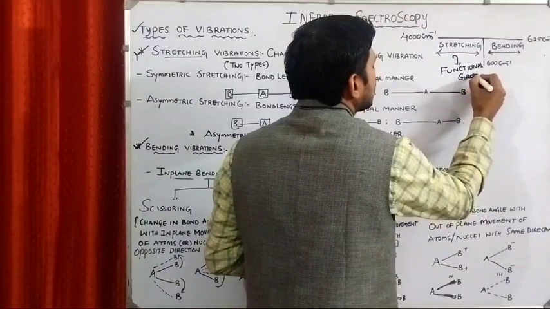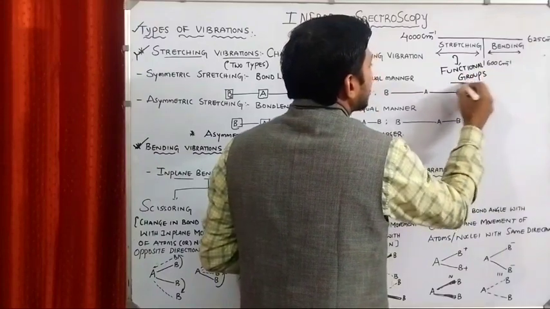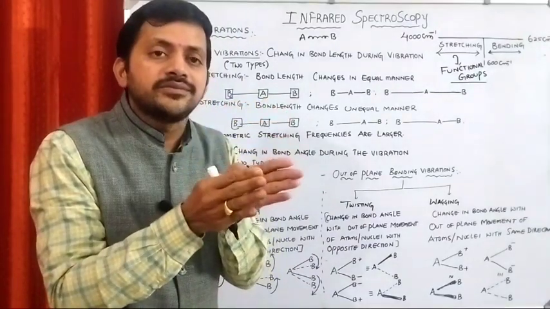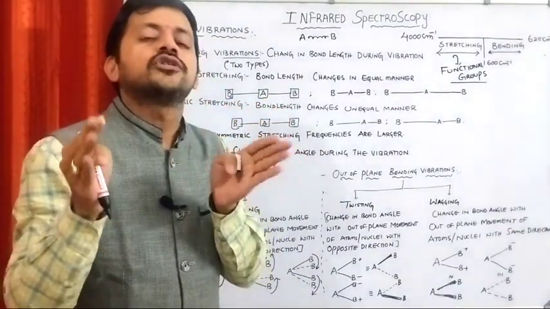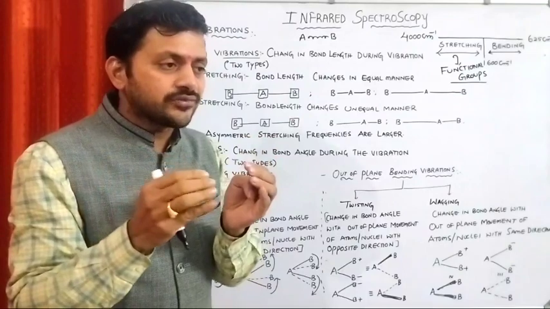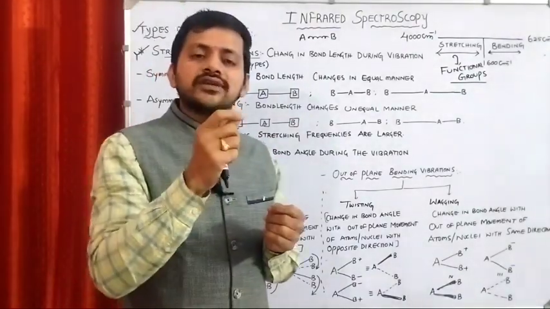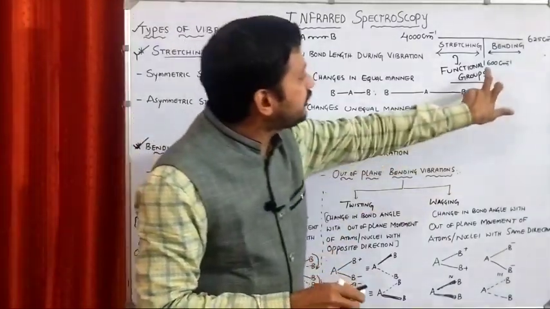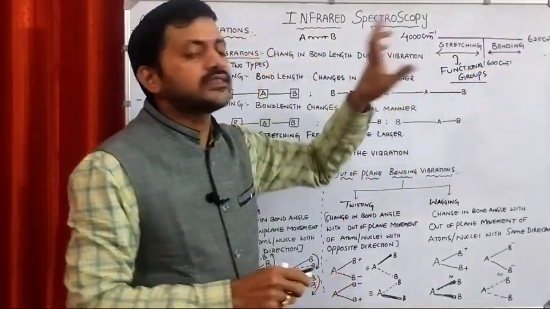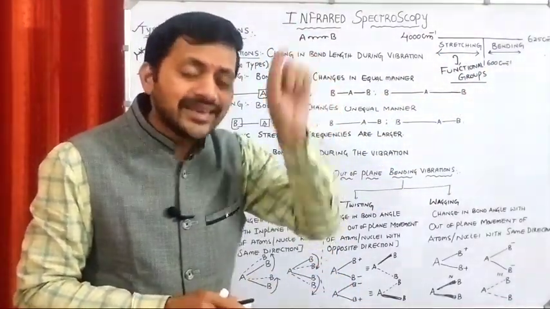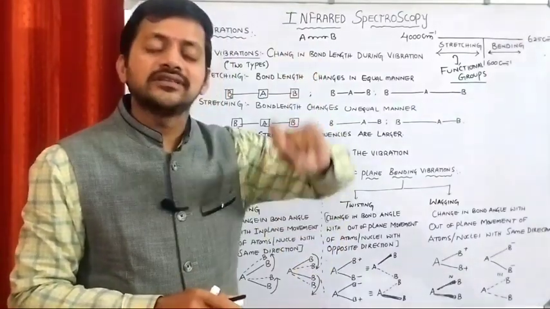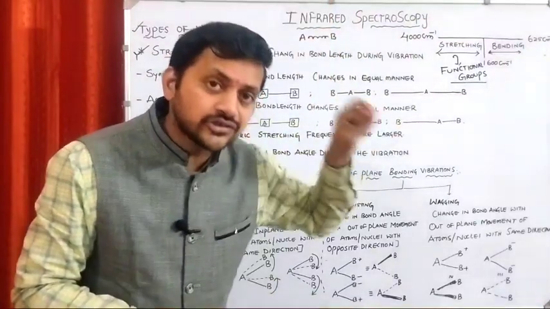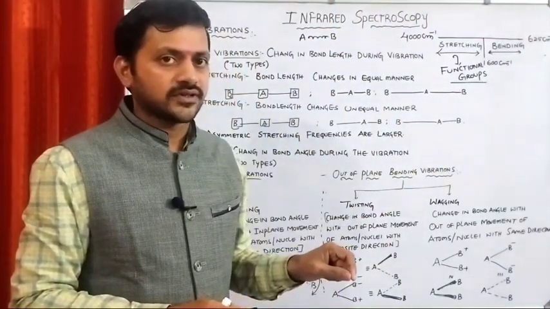It means that the functional groups can be identified between 1600 centimeter inverse to 4000 centimeter inverse. Whatever frequency we are getting, if the frequency is in between 1600 to 4000 centimeter inverse, it means that frequency corresponds to one of the functional groups.